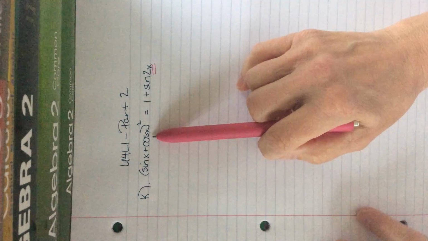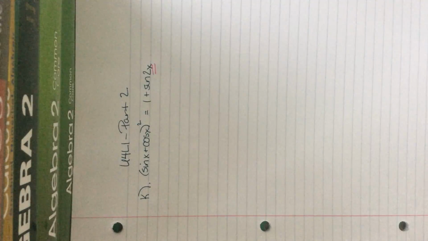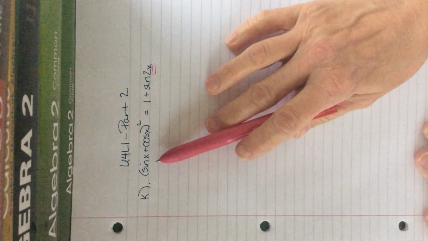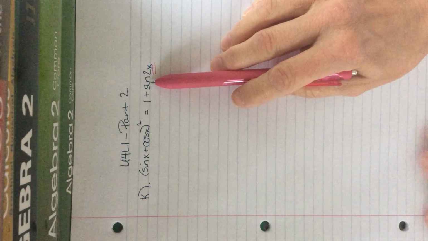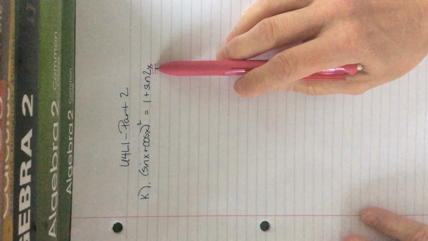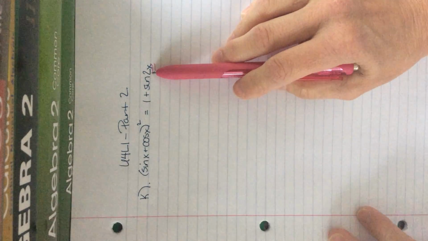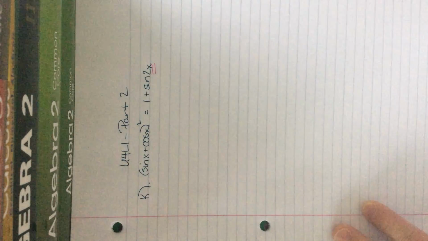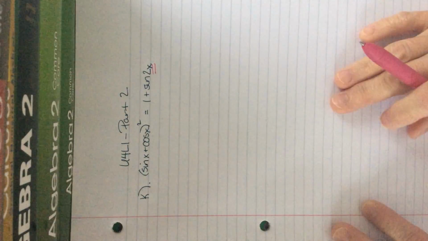Remember, in all of these identities, x represents an angle or an angle measure. If you look at example K, you see that in sine of 2x, x is being multiplied by 2, therefore we have a double angle. That's why this is called the double angle identities.